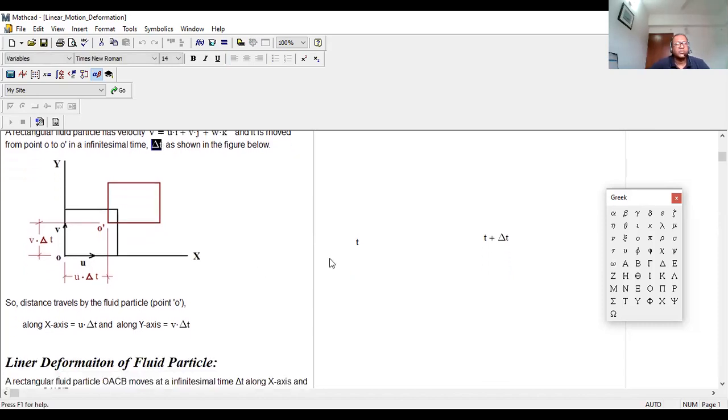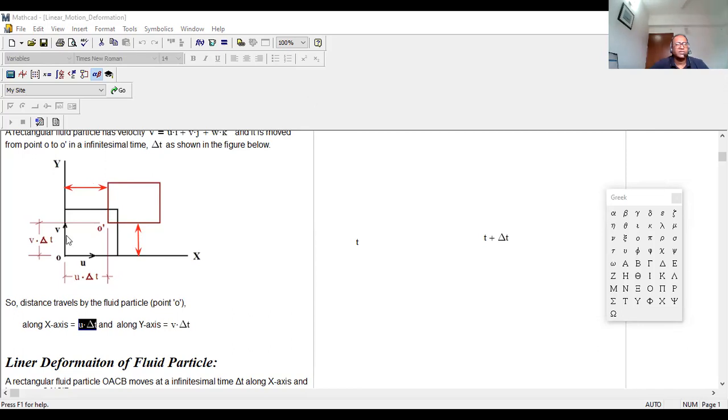Okay, so if the u component of velocity along the x-axis is u, then how much will this distance be? This distance obviously will be u times delta t, right? Because x velocity multiplied by time, you will get the distance. Similarly, how can we figure out the distance traveled along the y-axis by point O?